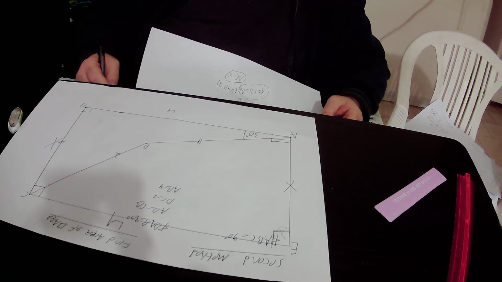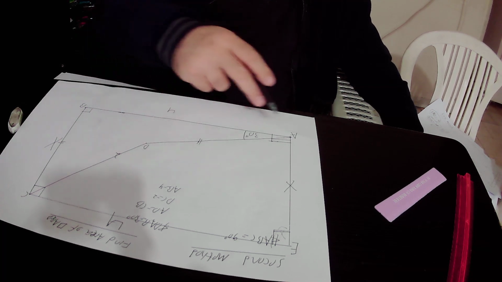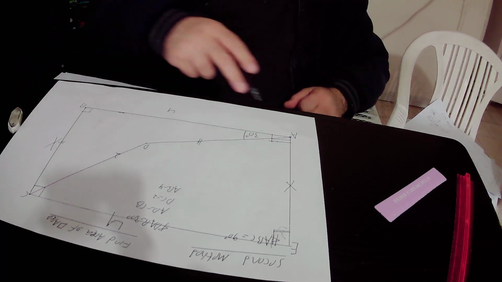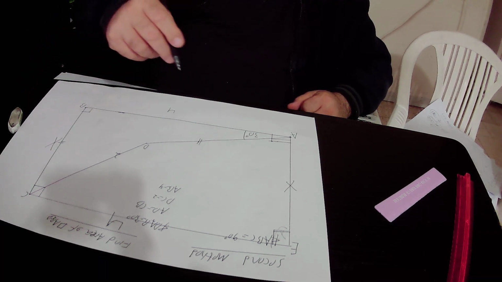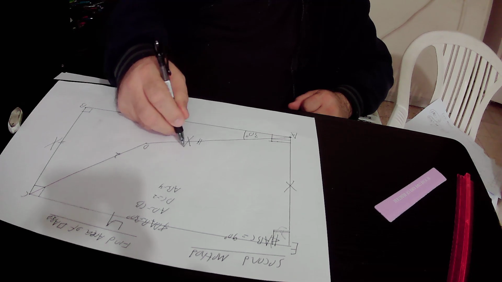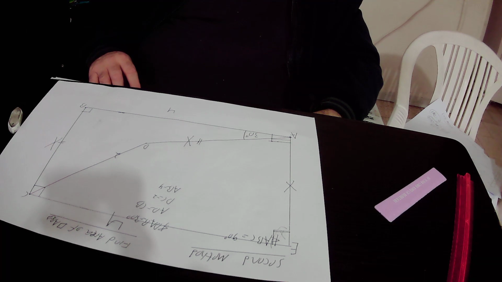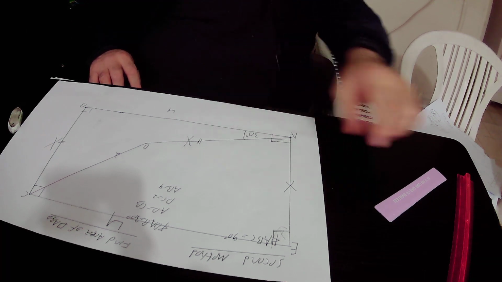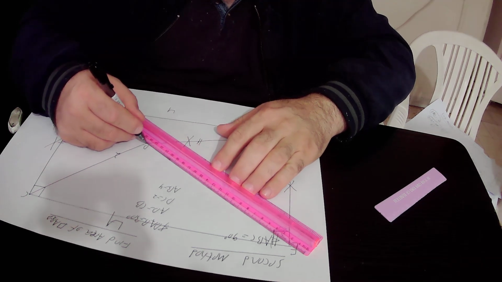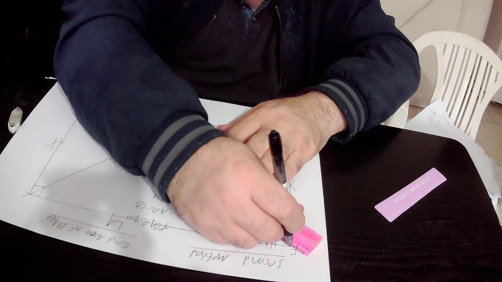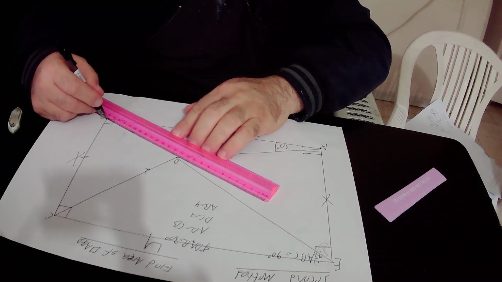But it is also given in the question that AD equals CB. And CB equals X, so AD must also equal X. In the next step, we will join points E and D together by a straight line, and we will also join points D and B by a straight line.